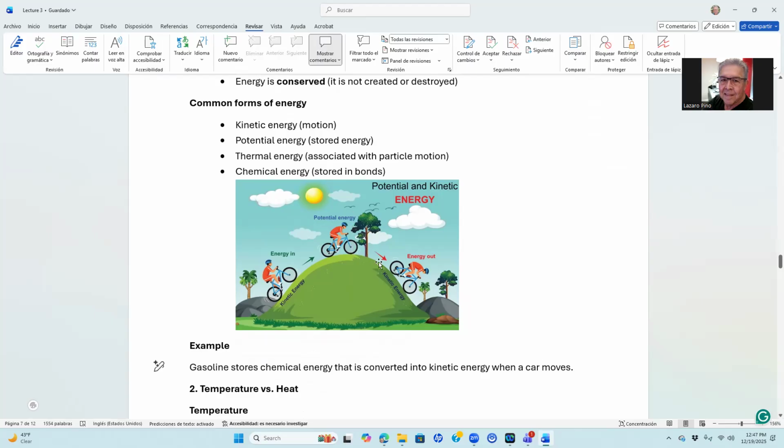But when he goes down, this potential energy that he has at the top of the mountain begins converting into kinetic energy related to the movement. And when he's here in this part of the mountain, once again, the energy is potential.